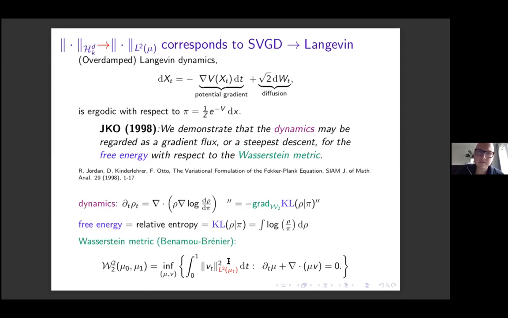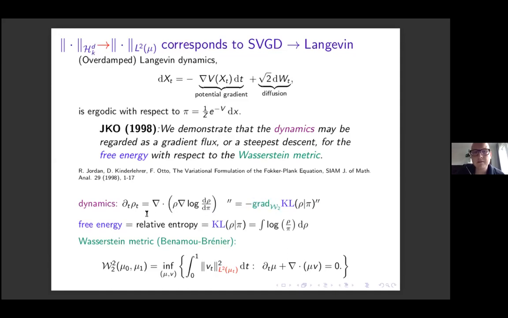Okay, so if you do this, then actually not so much changes from the story that I had before. So I said that SVGD performed a gradient flow, minimizing the KL divergence with respect to some gradient structure. And if you just replace the norm here, then you get a different distance on the space of probability distributions, and you hence get a different gradient flow structure here.